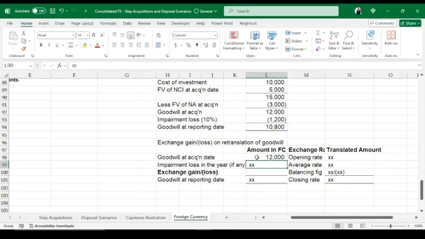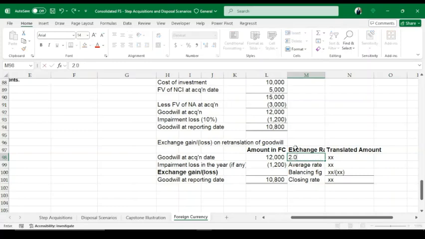Our impairment loss is 1,200, which is a negative, so negative 1,200. And then our goodwill at the reporting date is 10,800. All right. Then the exchange rate we are going to use. What is our opening exchange rate? The opening exchange rate from our question is 2.0.